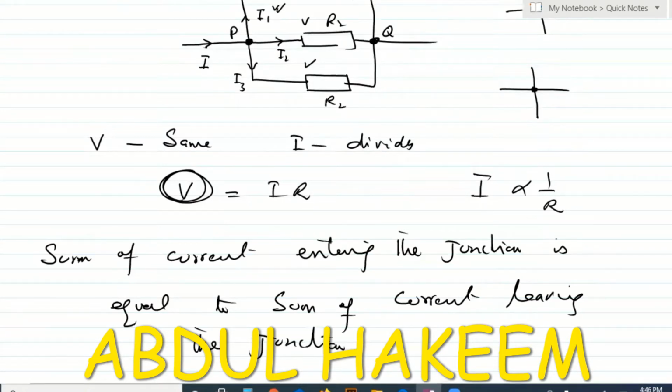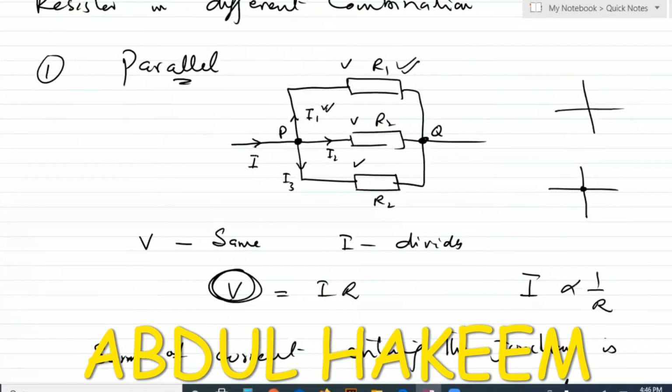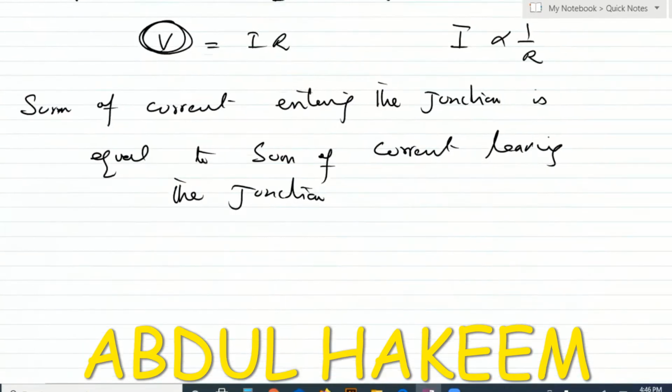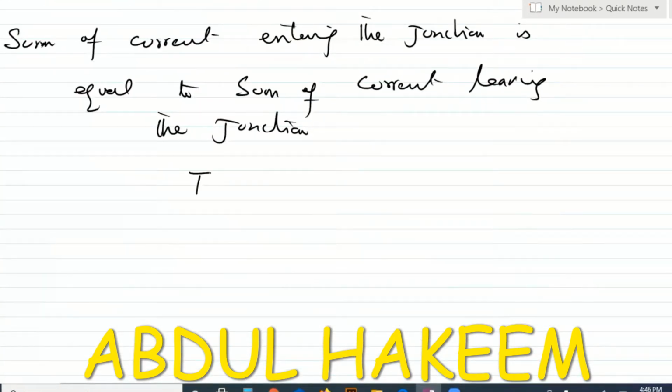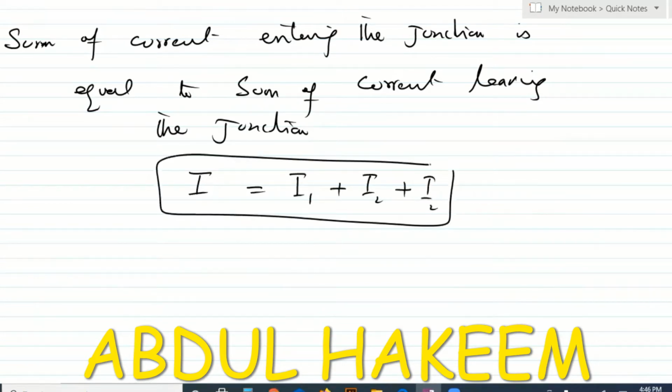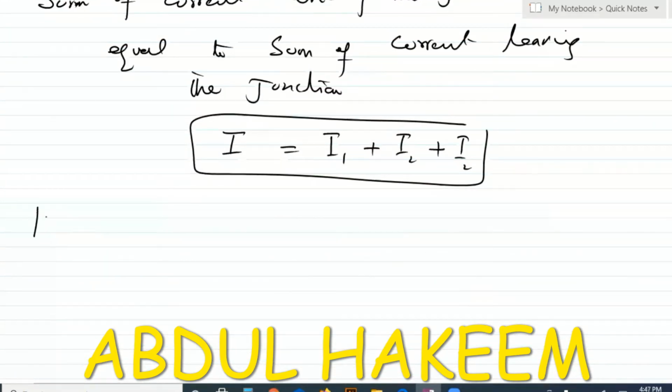For example, at P, I current is the entering current, I1, I2, I3 are the leaving current. So we can write I entering is exactly equal to sum of leaving I1, I2, I3, and this is called Kirchhoff's first law.